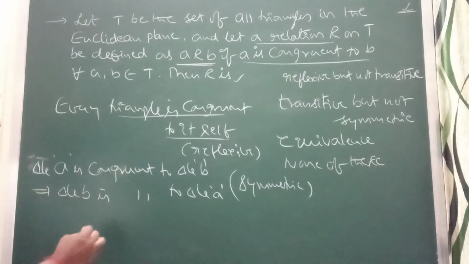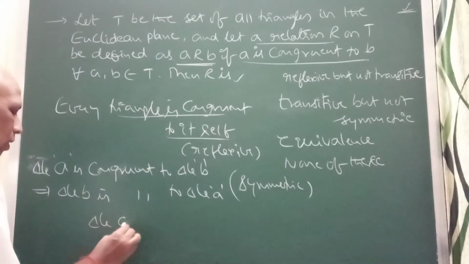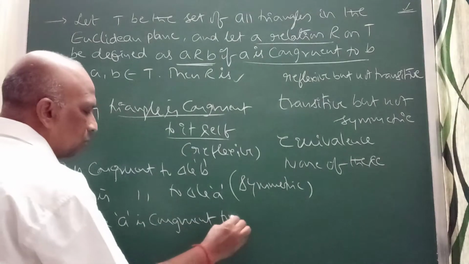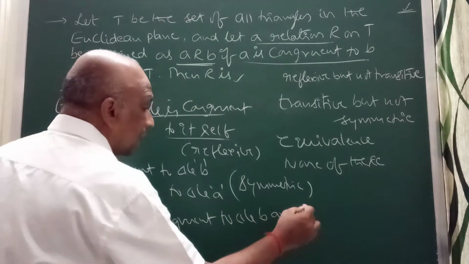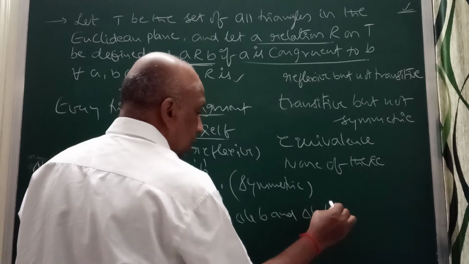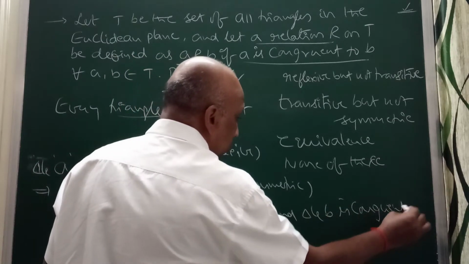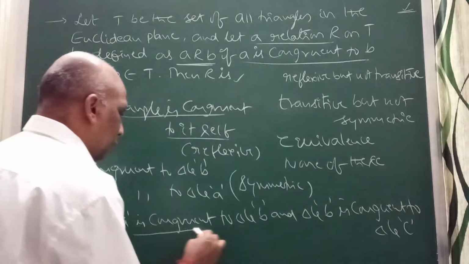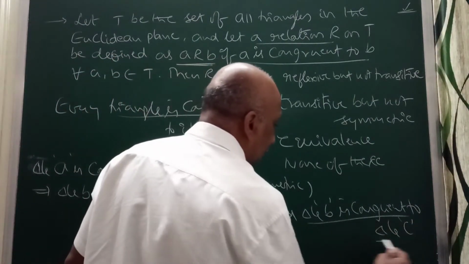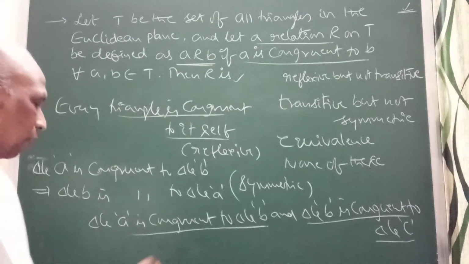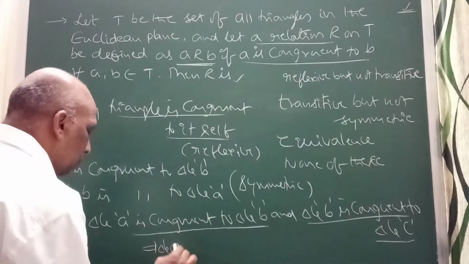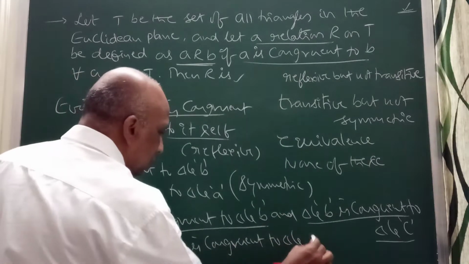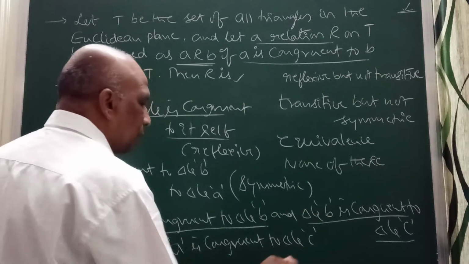What about transitive? Suppose triangle A is congruent to triangle B, and triangle B is congruent to triangle C. Definitely from this I can conclude triangle A is congruent to triangle C. So this is transitive.